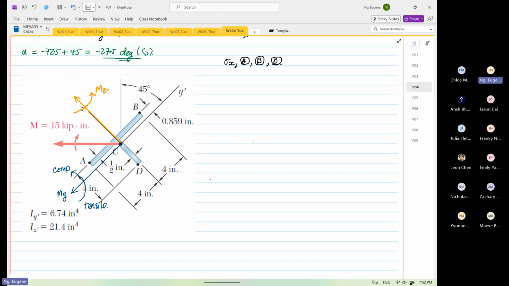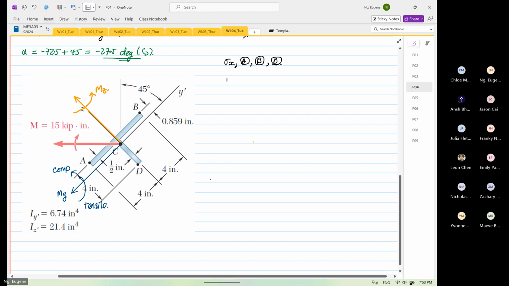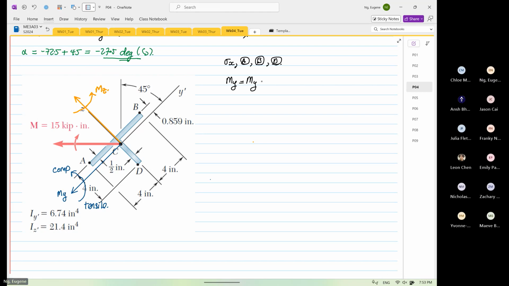So we are now going to calculate our moment about Z. Okay, so we know that it's 45 degrees. So my is also equal to Mz, right? Because it's 45 degrees. So this is equal to sine 45, then multiply by 15 times 10 to the power 3.